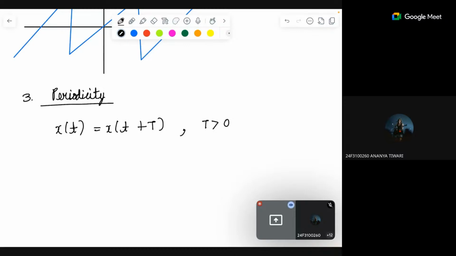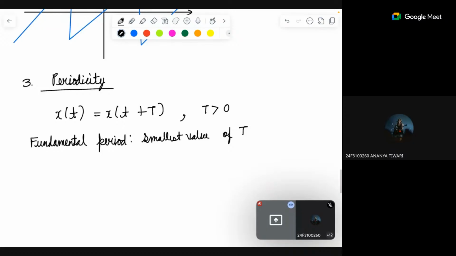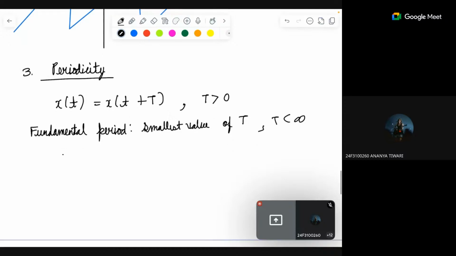So when we talk about periodic signals, we have something called fundamental period. Fundamental period is actually the smallest value of this T that we talked about above, which satisfies this condition, and this T has to be less than infinity. If T is a period or a fundamental period, then n into T will also be periods of repetition.